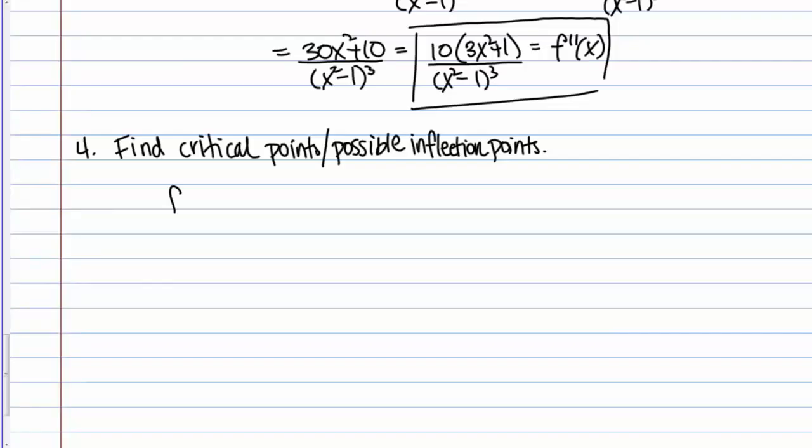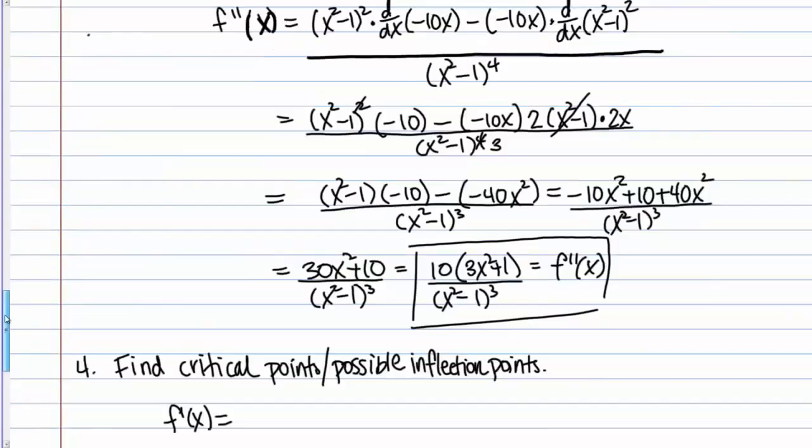So the first derivative we found to be, if I scroll up here, negative 10x over the quantity x squared minus 1 squared. All right, so how do we find the critical points?